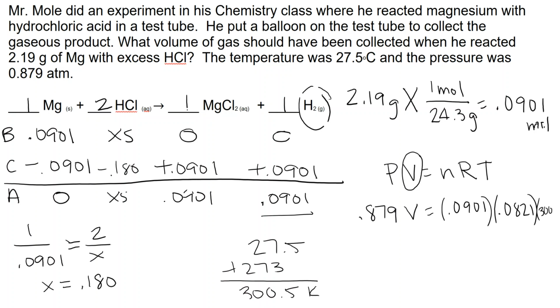We'll plug that in and then solve for V. When you do all of this math, you should get V is equal to 2.5 liters, and that is your final answer.